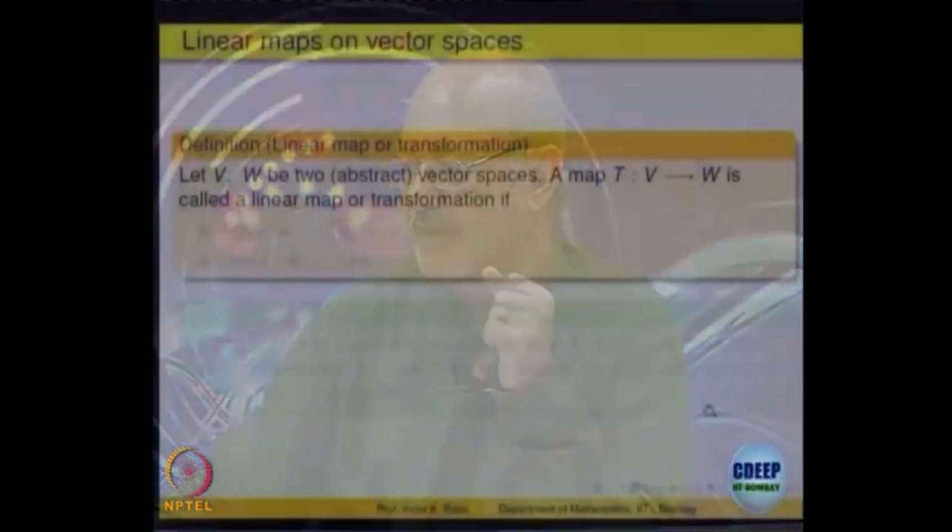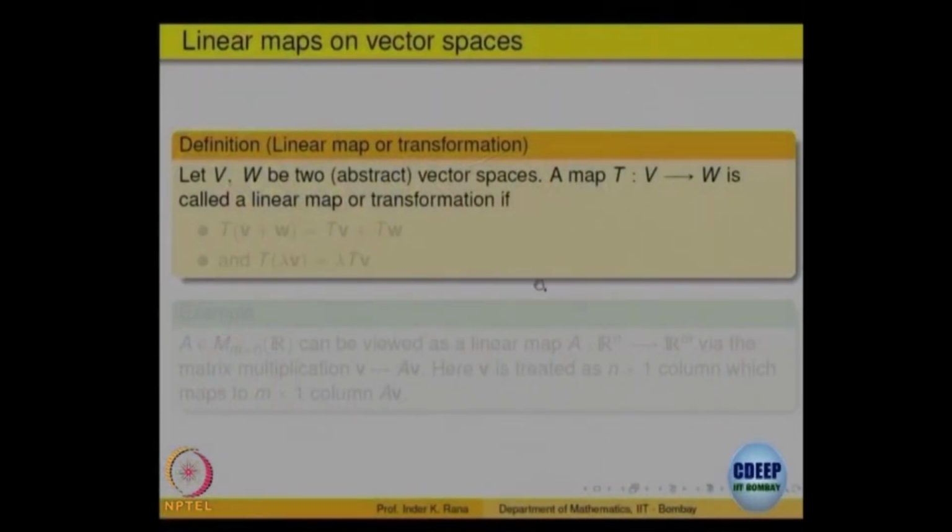After defining vector spaces, what did we do? After having defined dimension, basis and everything, the next thing was looking at maps between vector spaces, transformations. So let us do that now. Let us look at two abstract vector spaces V and W, arbitrary vector spaces. A map T from V to W is called a linear map if it takes the linear structure here to the linear structure there.